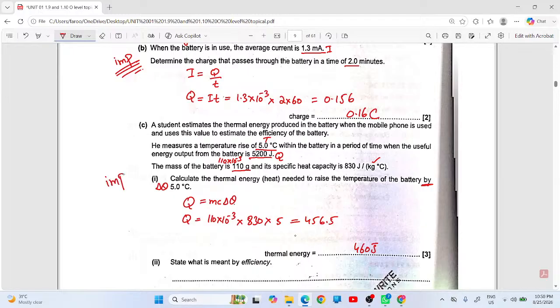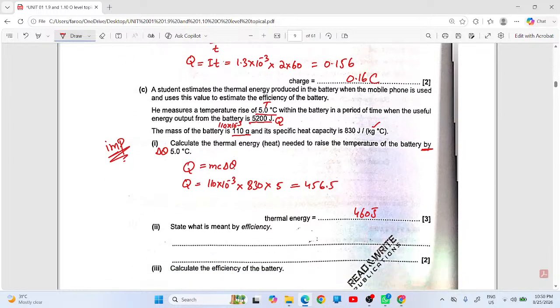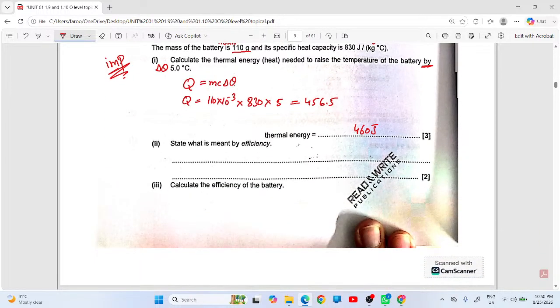समझ आ रही है? जी सर. Next, state what is meant by efficiency. Efficiency क्या होती है? The ratio of useful energy output to the total energy input.